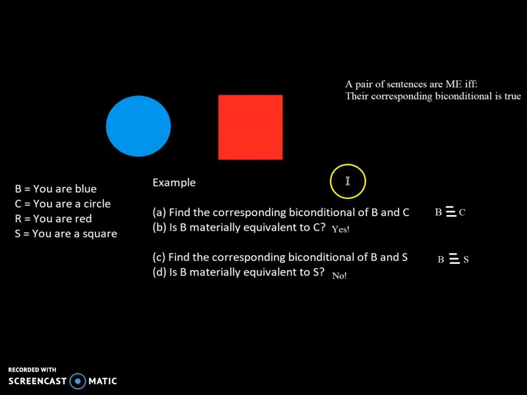Now, it might help, and I'll introduce this now, but we're going to talk about it later in Chapter 2 when we have the notion of logical equivalence at our disposal. But the idea of material equivalence is weaker than logical equivalence. If you say that two propositions are logically equivalent, you're saying that they take the same truth value everywhere.